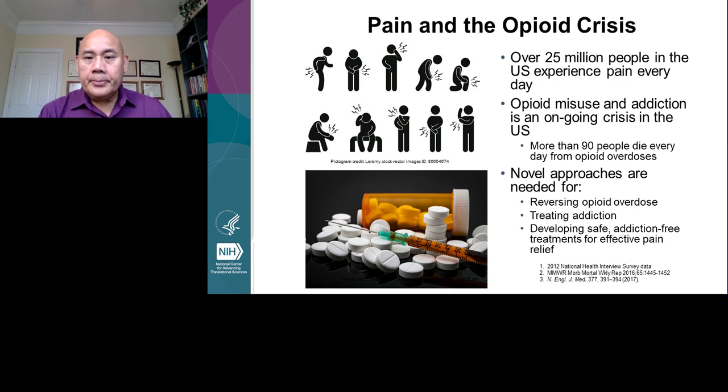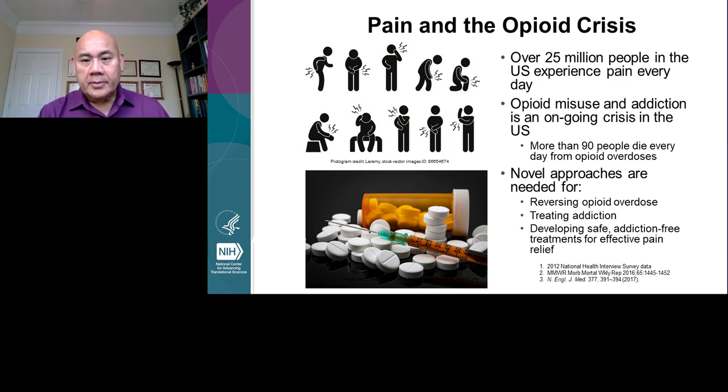One of the things that have also come about recently is the ability for these tissue chips to address and provide some solutions to the opioid crisis. As you may know, over 25 million people in the US experience pain, and certainly opioid misuse and addiction is an ongoing crisis in the United States. The administration and Congress have certainly put a lot of focus on this area, since more than 90 people die every day from drug overdose.